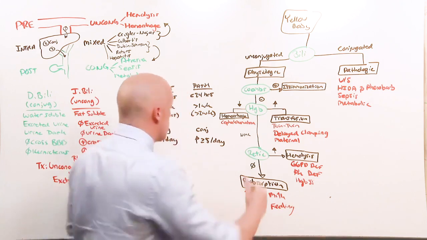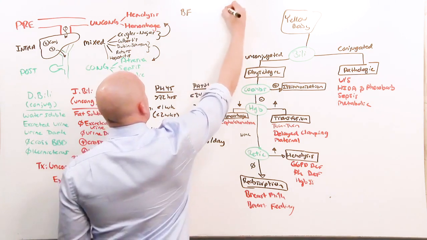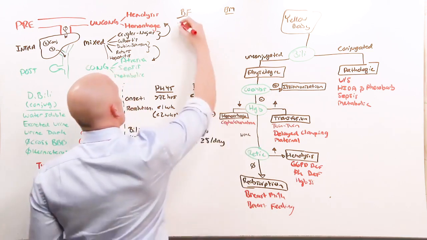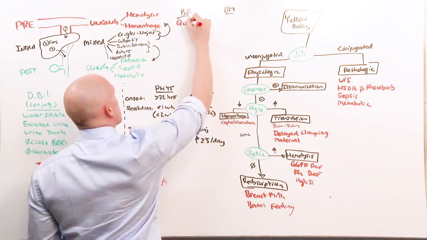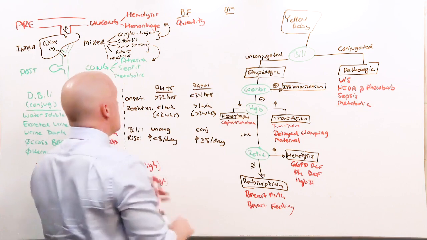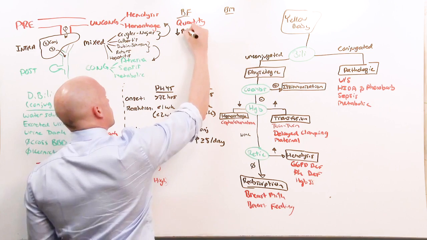So we want to compare breastfeeding to breast milk. Breastfeeding jaundice is usually a problem with quantity. Because baby is not being fed enough, the bowel function is going to decrease.